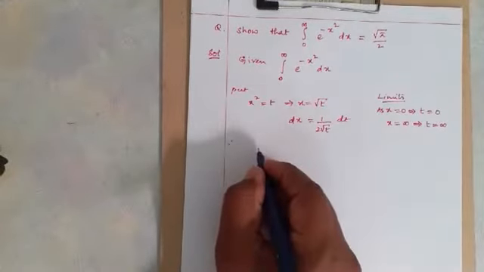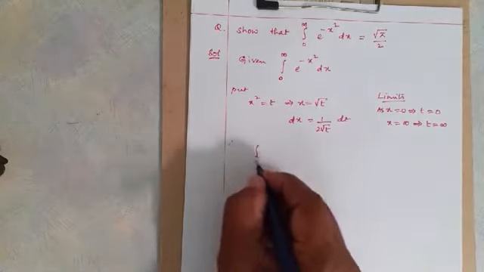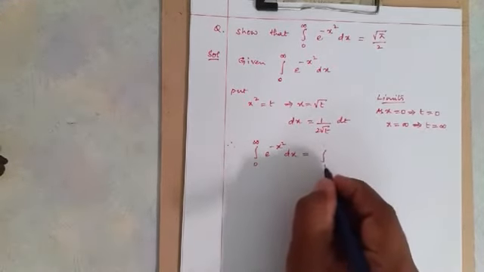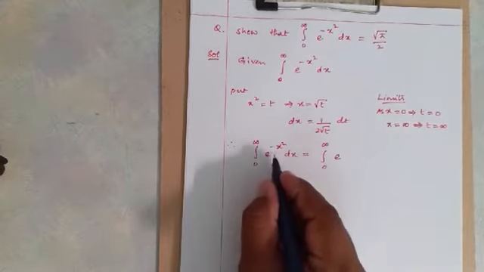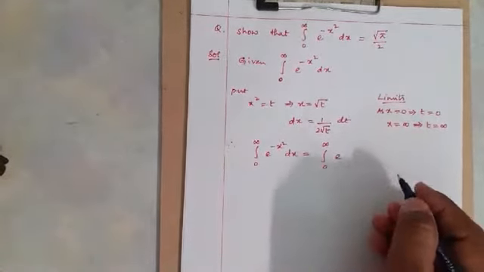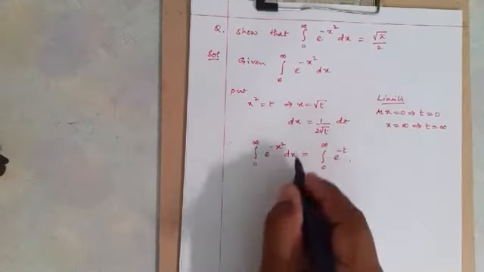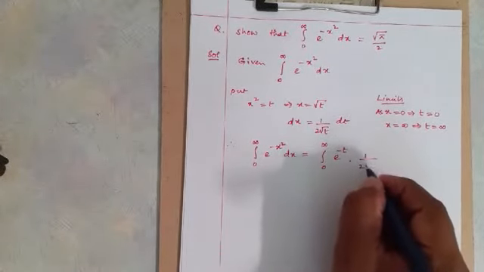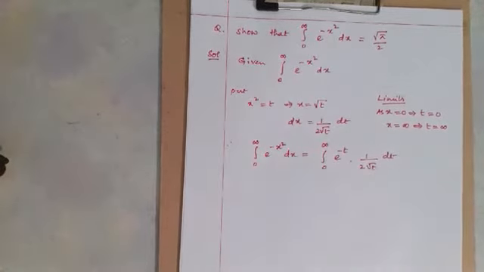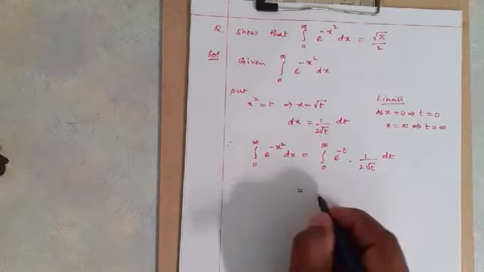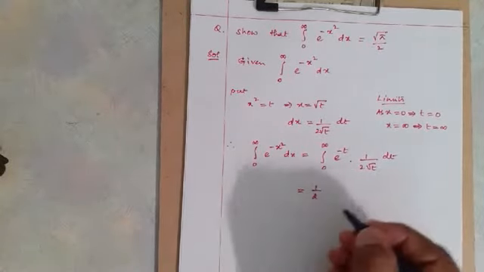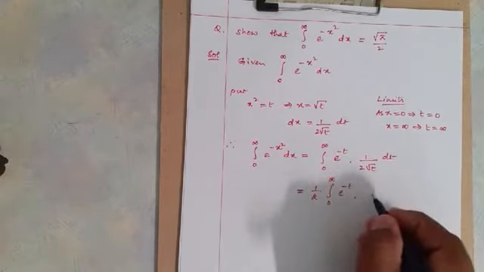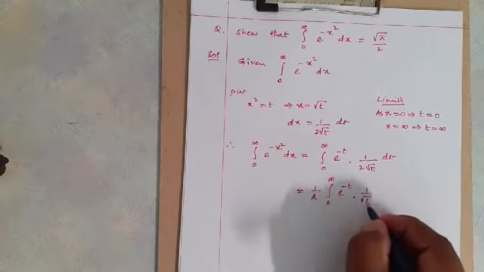Now when you substitute in the given, integral 0 to infinity e power minus x square dx is equal to integral 0 to infinity e power minus t, in the place of x square we have taken t, into, in the place of dx, 1 upon 2 root t dt. Now I can take the constant outside, that is 1 by 2 integral 0 to infinity e power minus t into 1 upon root t dt.